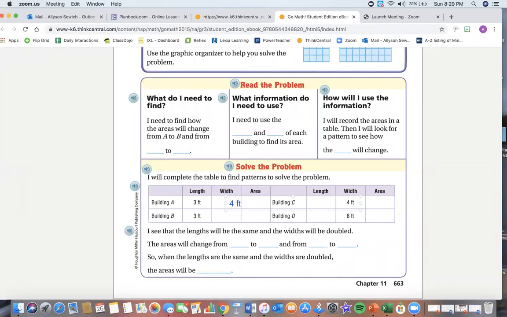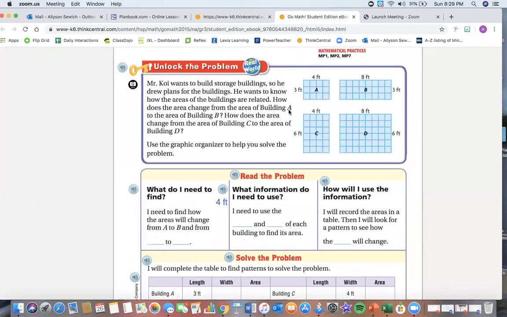Make sure you put that feet. And I know building B has a length of 3 feet and a width of 8 feet.